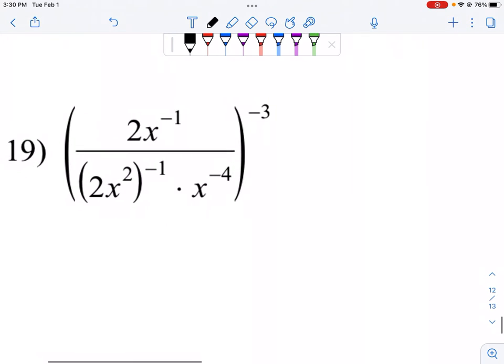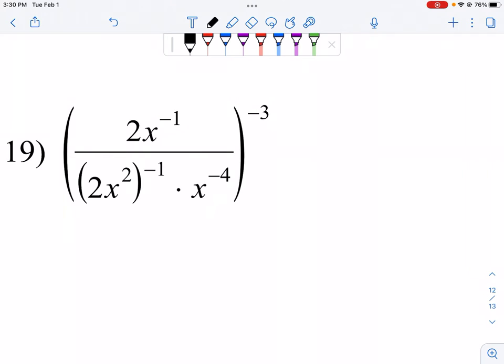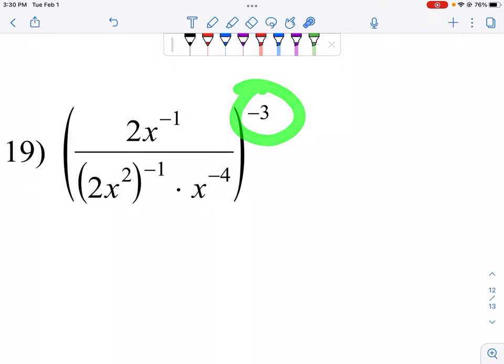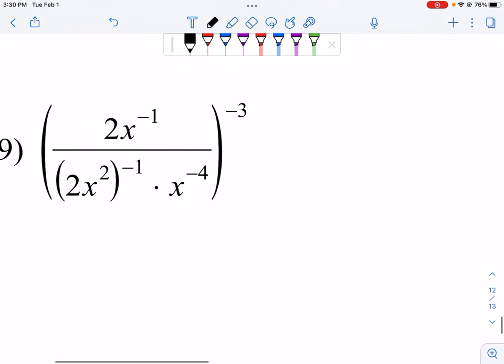For 19, I am going to clean up as much on the inside as I can first before I distribute my negative 3. The more that I can simplify, the easier and the more manageable this will be. So the first thing I see, I'm going to leave this 2 and this x to the negative 1. That's fine.